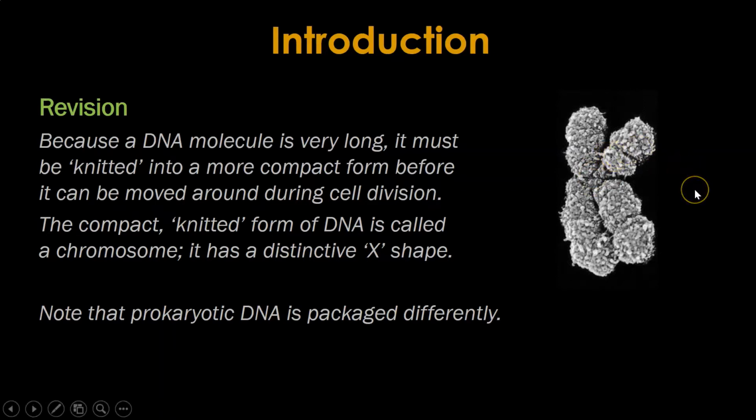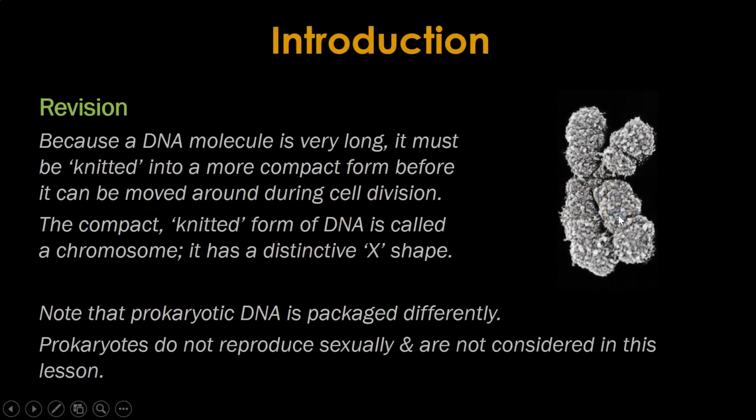DNA in prokaryotes does not get packaged in this X shape. And prokaryotes do not reproduce sexually. They are single individual cells, and we're not going to really be referring to prokaryotes in this lesson about chromosomes. In fact, all of our discussions of chromosomes are really about eukaryotes.